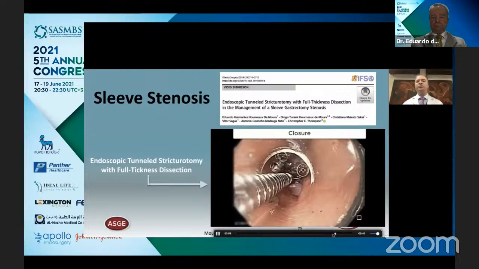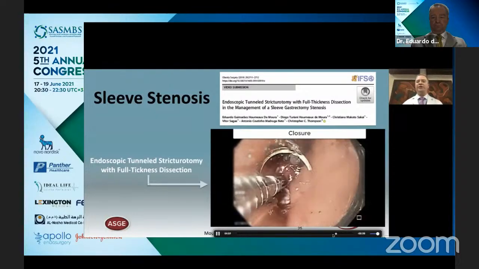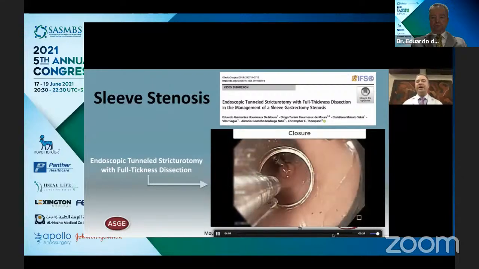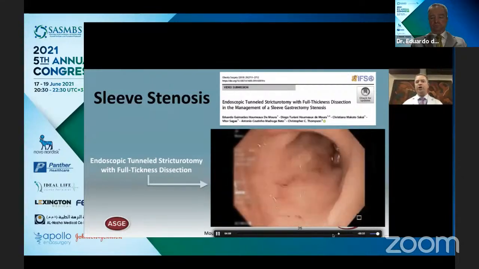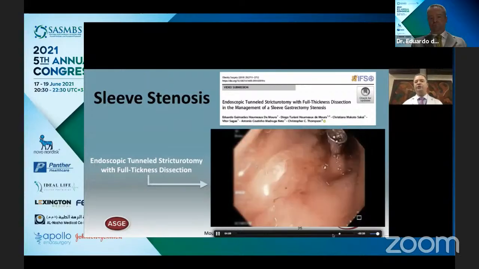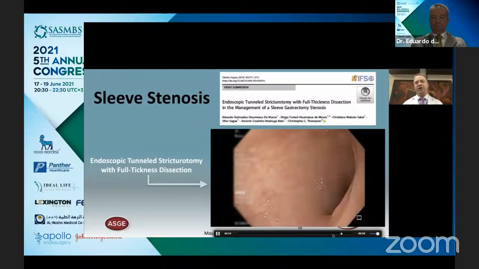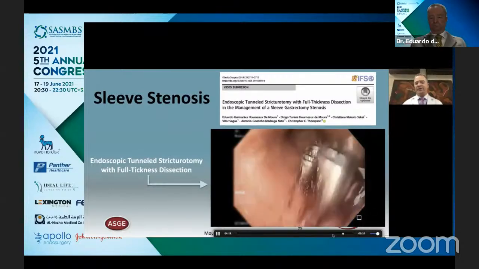It should be considered that when there is an extremely sharp rotation, this technique may have limitations. Only when there is no possibility for this technique, we recommend surgery, converting the sleeve into a gastric bypass.